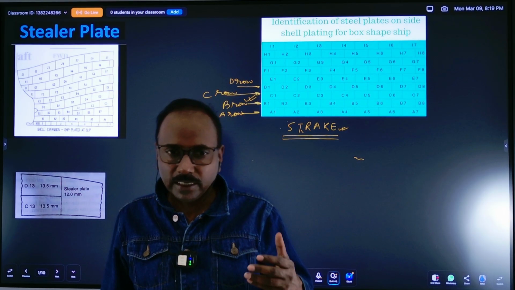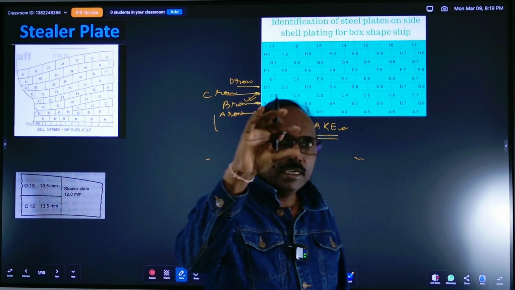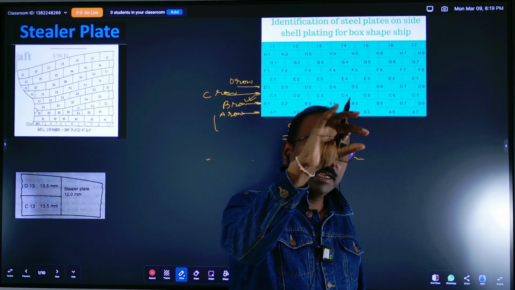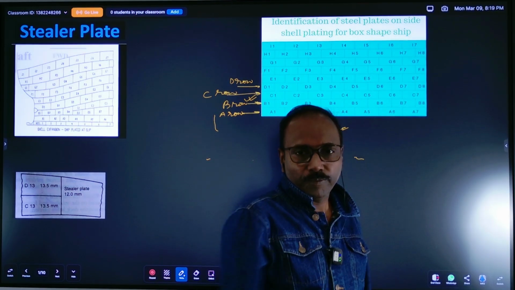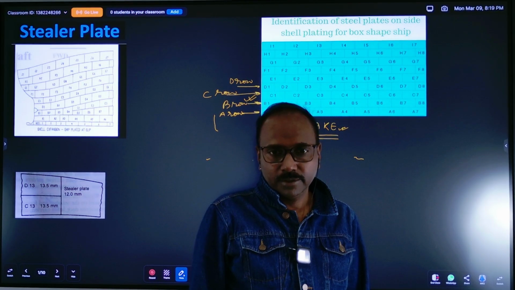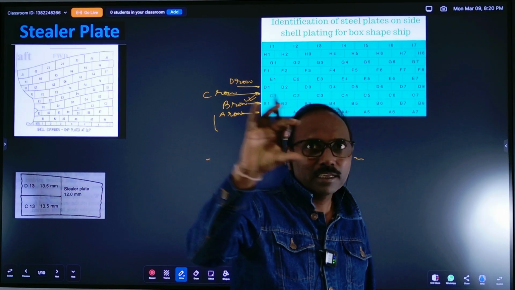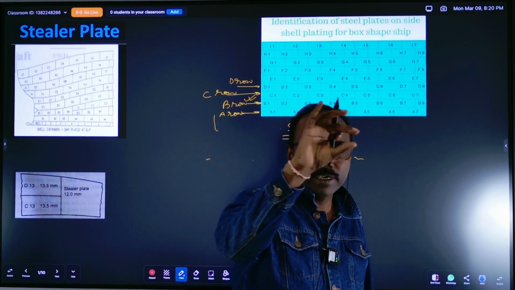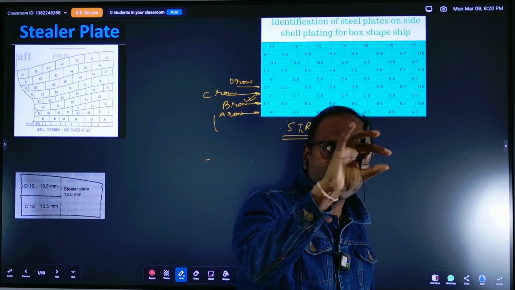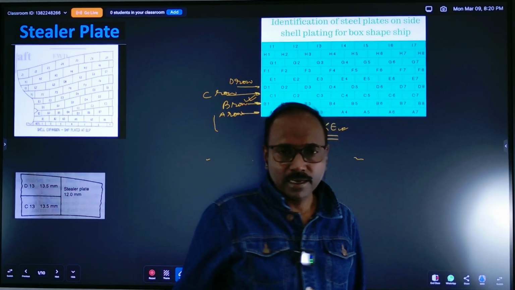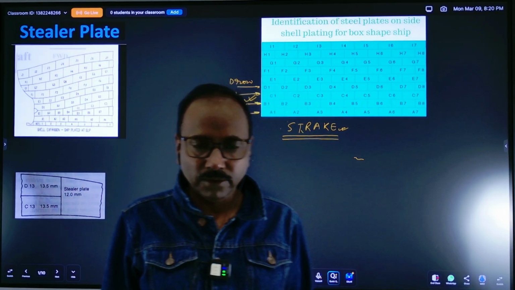So geometrically, you will reach a situation where there are some points where the strake width will become almost zero. Suppose the A strake width is reducing and reaching almost zero, and the B strake also is reducing and approaching zero.